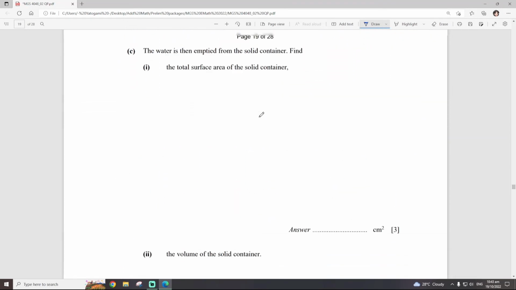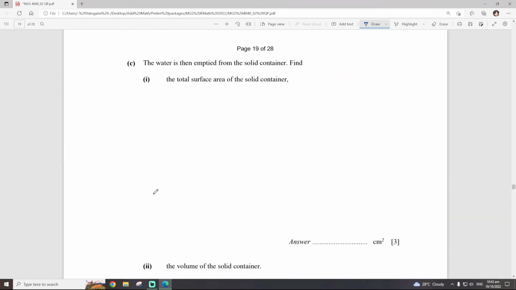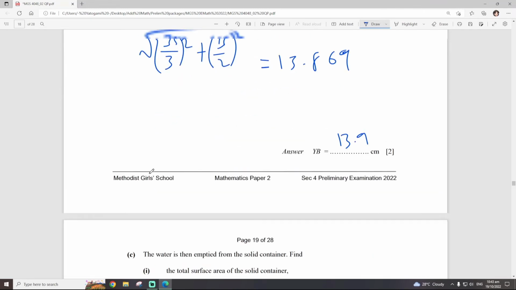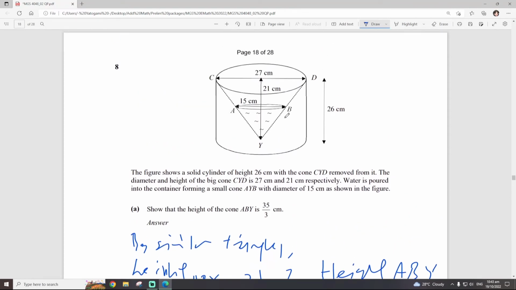So that will be, we need to find DY equals to square root of, actually you can use similar triangles again if you want, but never mind, I'll just do the calculation again.